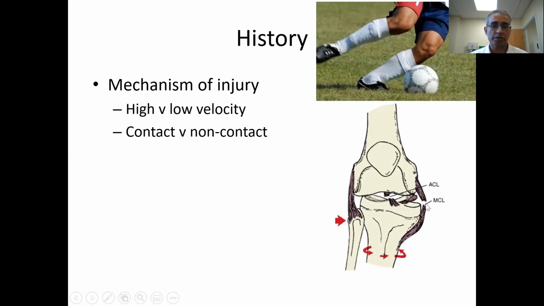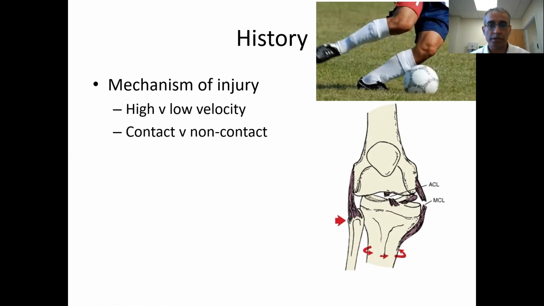But if the same forces and velocity carry on, the force will go through the knee joint and would tear the ACL or anterior cruciate ligament. And if the forces carry on, it will tear the lateral ligament, leading to a situation like a knee dislocation, which we alluded to earlier. But if it's low velocity, this could end up being just a simple MCL injury without any serious consequences.